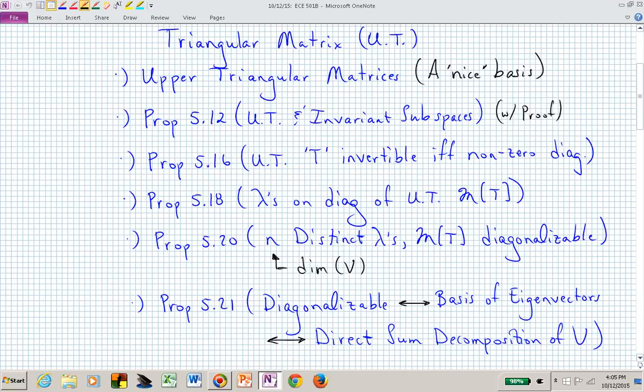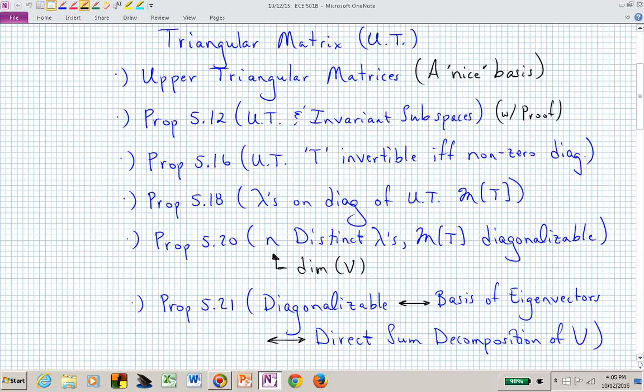When we have distinct eigenvalues and n of those, which is equal to the dimension of our vector space, then we can actually diagonalize that operator, or the matrix representation of that operator, which really means that if we have n distinct lambdas, we have n linearly independent eigenvectors, and those can now be used to diagonalize our matrix representation of this linear operator.